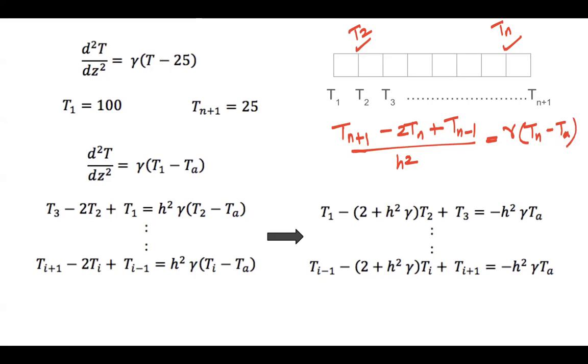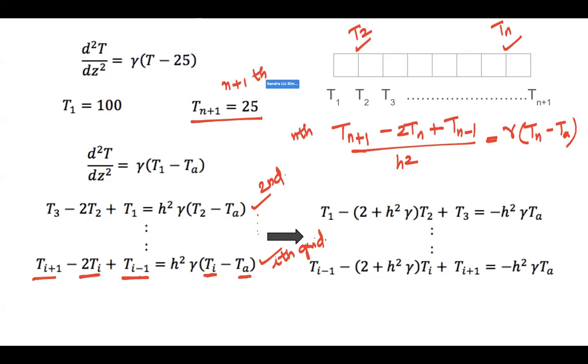This will be the formula for the nth grid. Similarly, this will be the general formula for the ith grid: Ti plus 1 minus 2Ti plus Ti minus 1, divided by h square, equal to gamma Ti minus Ta. The n plus 1th grid is this, and this is the first grid.